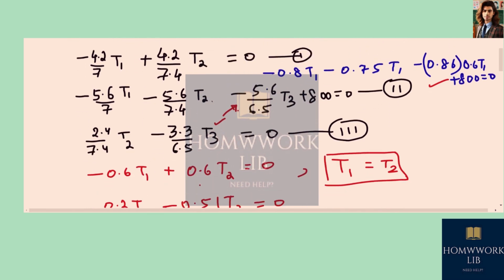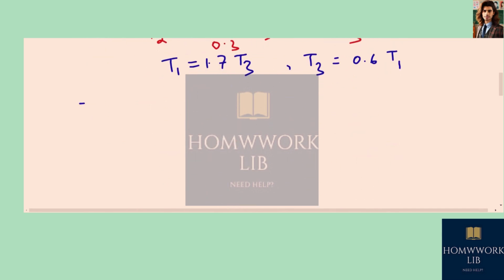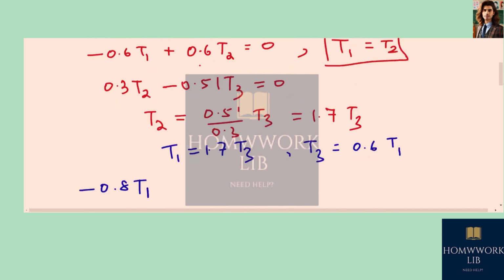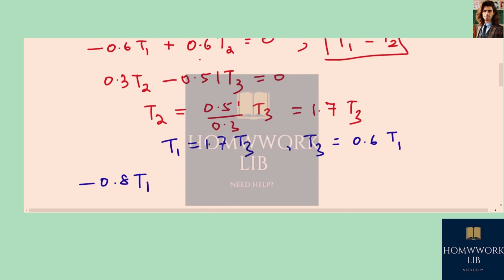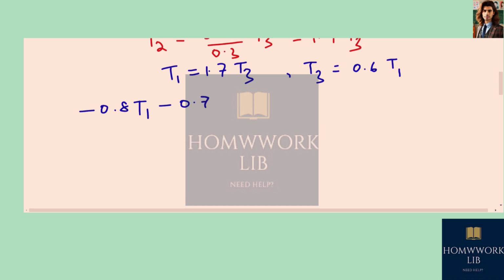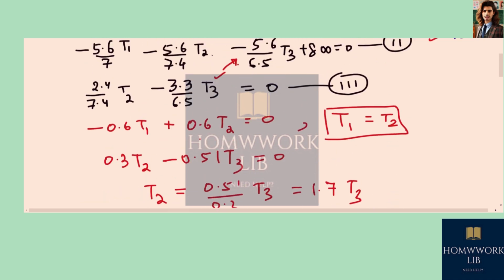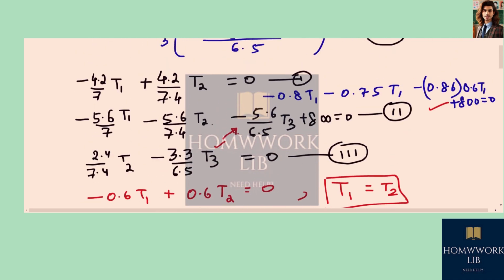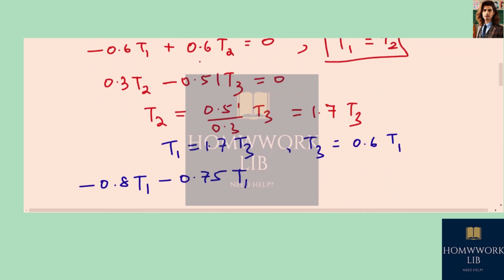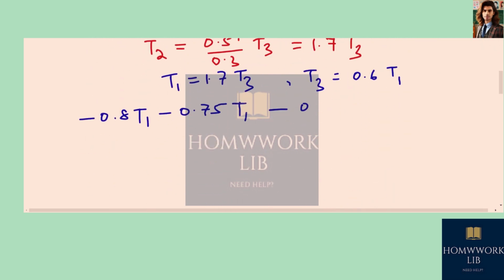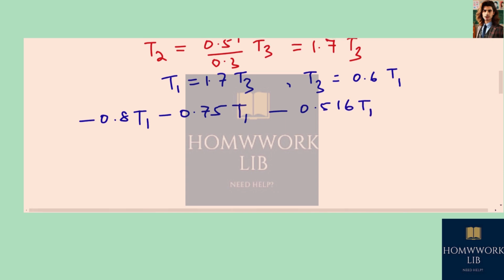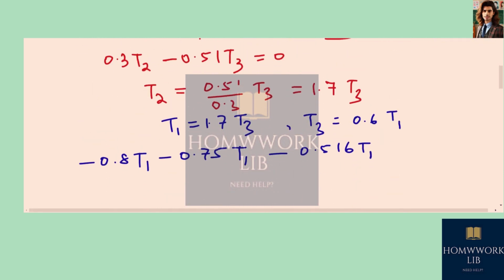So this equation: minus 0.8 T1 we had, minus 0.75 T1 again, and then 0.86 we will multiply with 0.6, that comes out to be 0.516. So minus 0.516 T1 plus 800 is equal to 0.